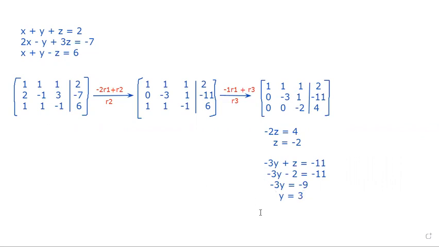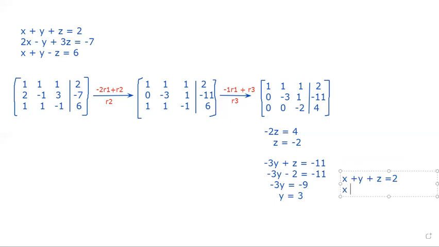And now I'm going to move up here just to make sure I have room. All right. x plus y plus z is equal to 2. I moved up to my first row. I solved for z and I solved for y. Now let me move up.